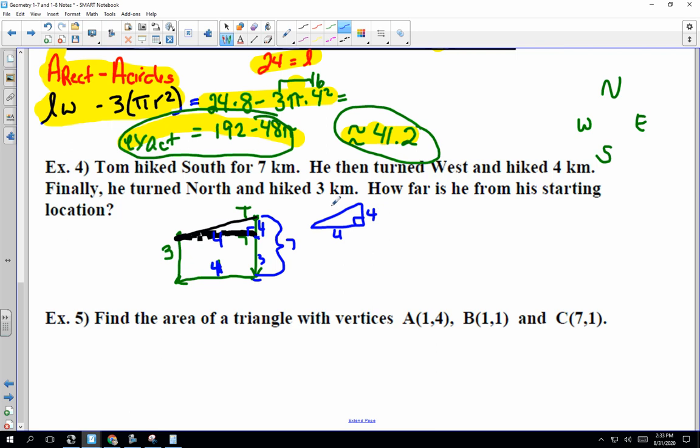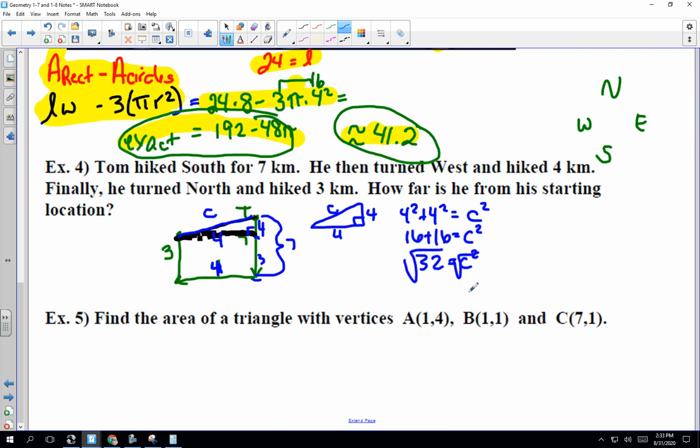And I want c squared. So 4 squared plus 4 squared equals c squared, because that's this distance here, c. So that's 16 plus 16. That is 32. And the square root of 32, what?